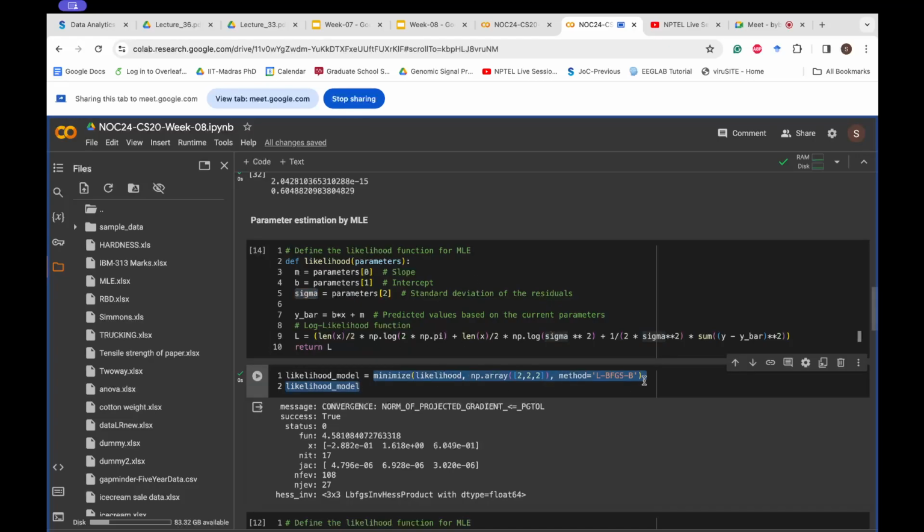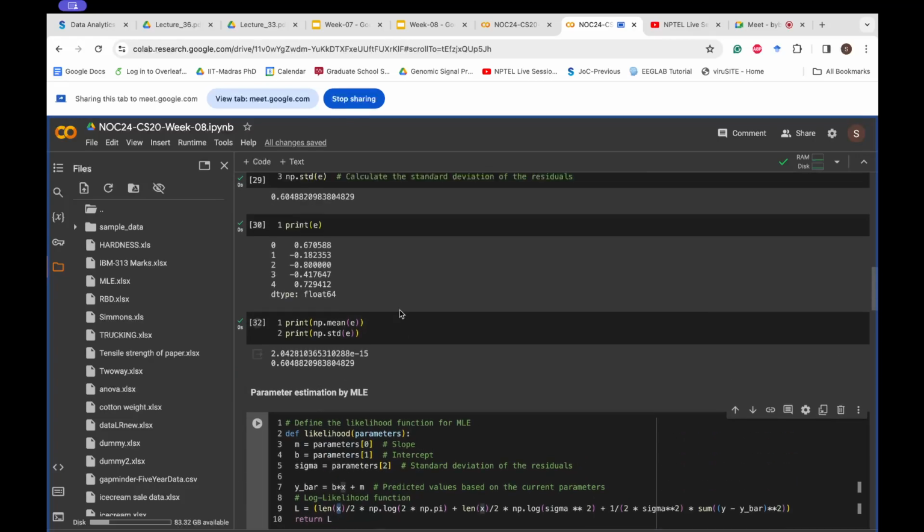Because we have to find a line that minimizes the distance of each of the data points with respect to that particular line equation, the predictions that we make with respect to the line equation. As we saw in the theoretical part, we are trying to optimize the likelihood function given the data points. The data points are given to us, x.